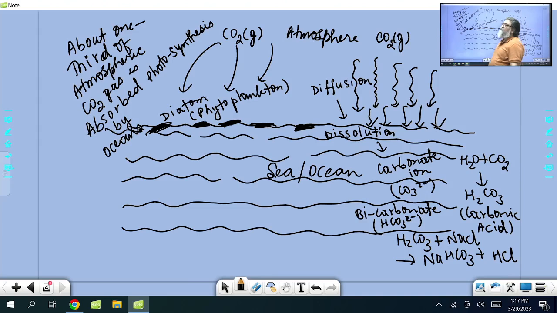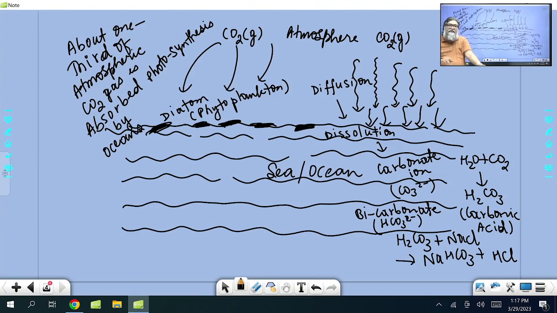This is a very important concept I have made you understand. We'll see the negative impact, don't worry. I told you that I will discuss climate change, global warming, ocean acidification. First, I am giving you a general idea about the carbon cycle. First, I'm making you understand what the carbon cycle is.